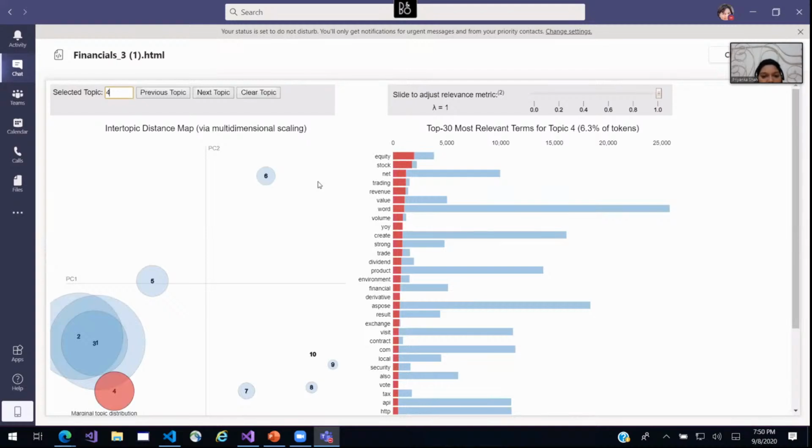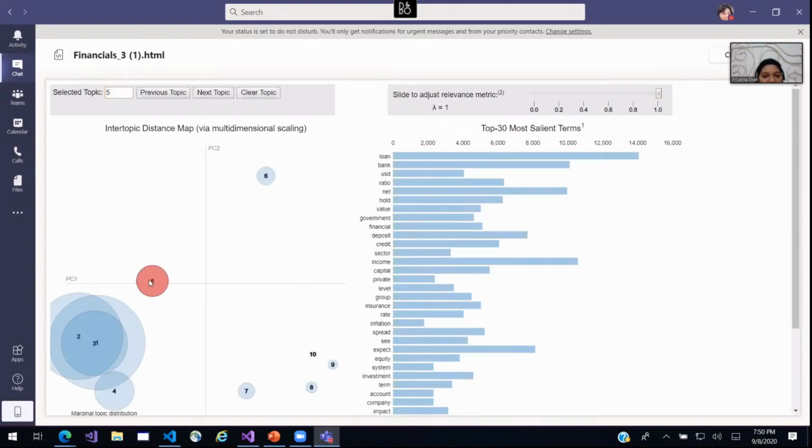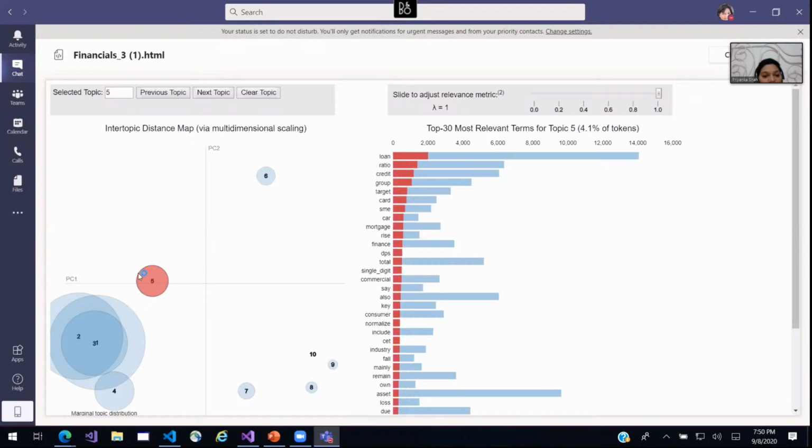You will see it talking of ratios, things like year on year, equity, volume, revenue, exchange, result, derivative. And if you look at topic 5, you will see it talking of loan, credit, then mortgage, rise, DPS, single digit, all these things.